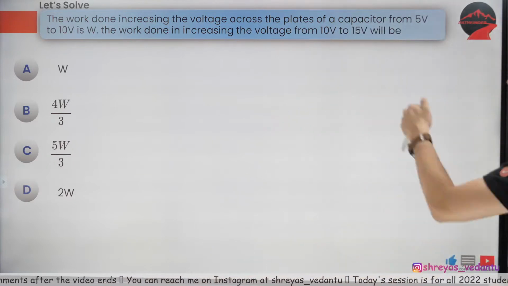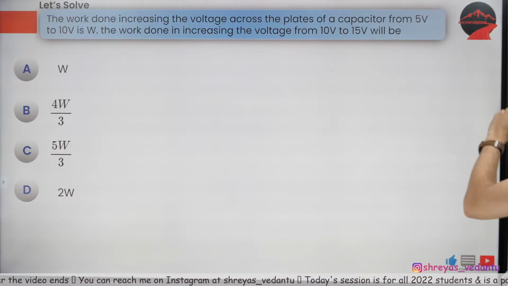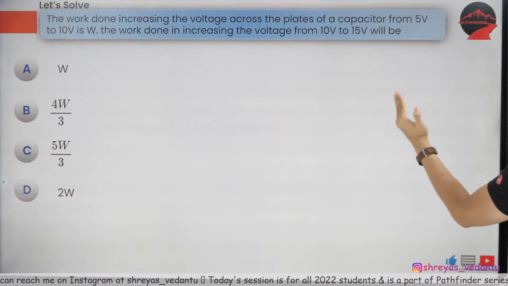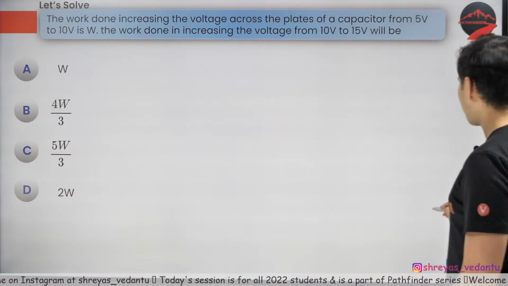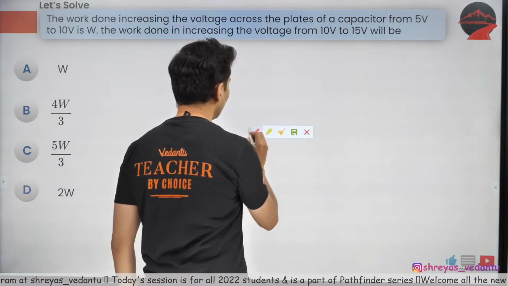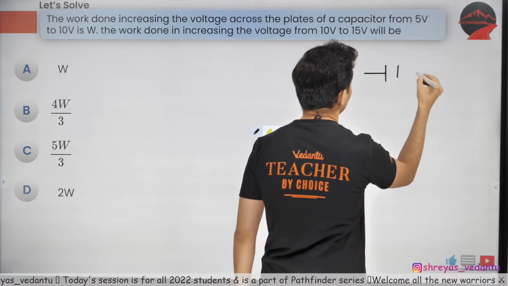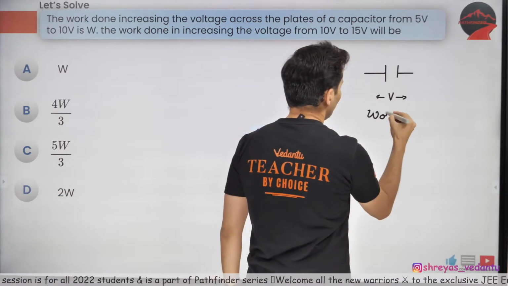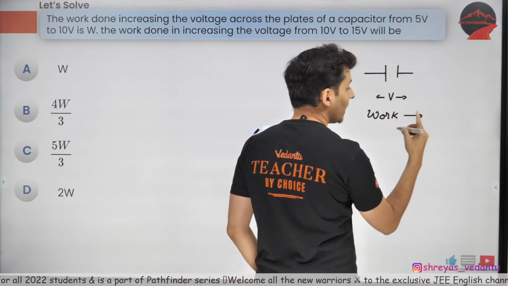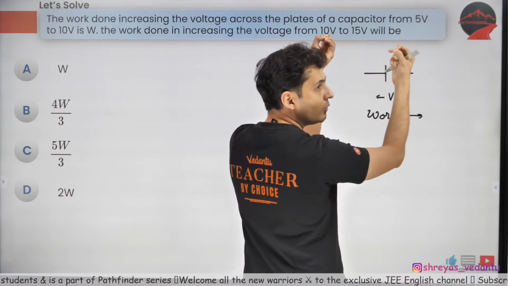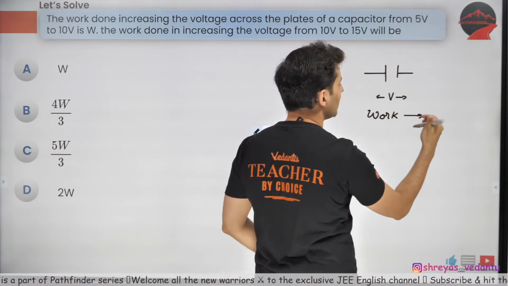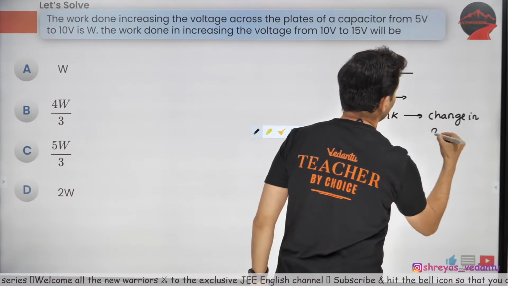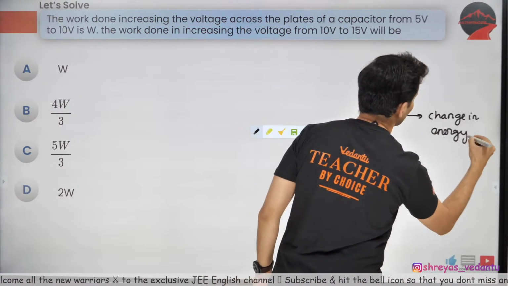Okay, the work done in increasing the voltage across the plates from 5 to 10 is W. What is the work done to increase the voltage from 10 to 15? First of all, if you have a capacitor and there is a voltage, whatever work you do will go in changing the voltage difference, that means the energy. So it will basically go in change in the energy stored.